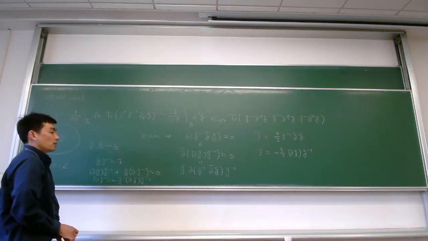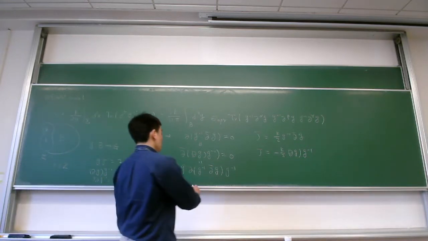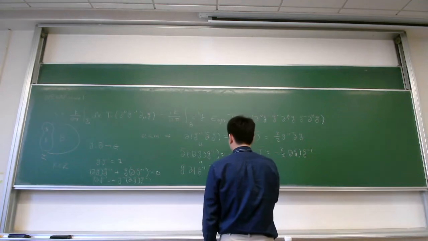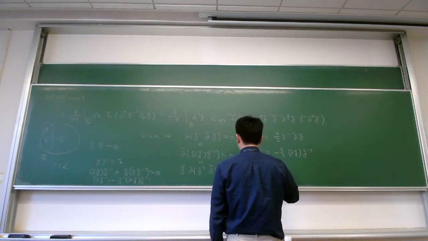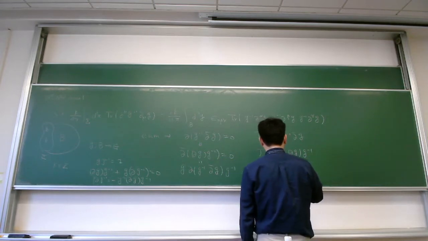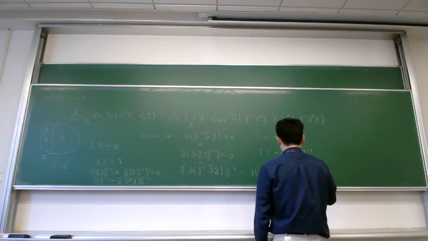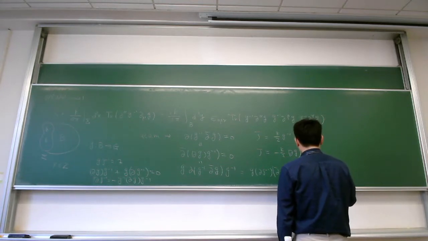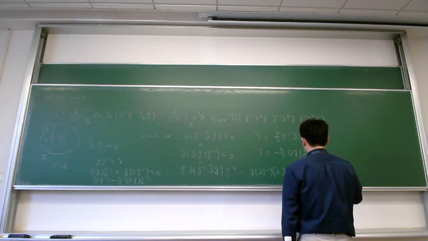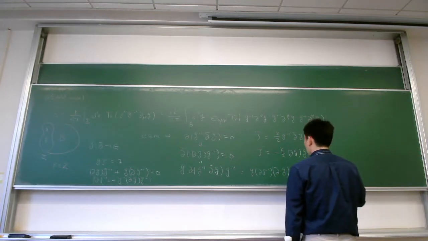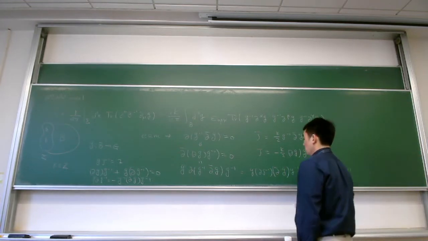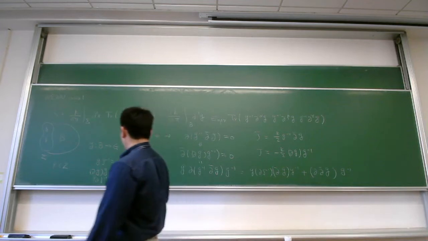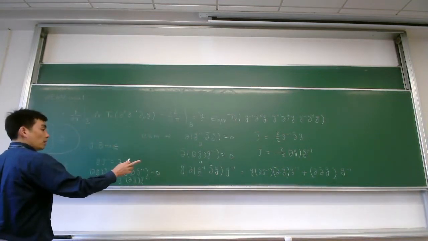So if you do the following trick, the Leibniz rule, you have G inverse, ∂(G G inverse) equal to ∂G inverse G plus G ∂G inverse, and plug this one into there.